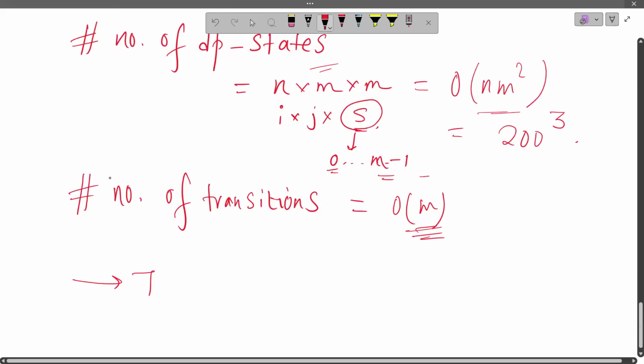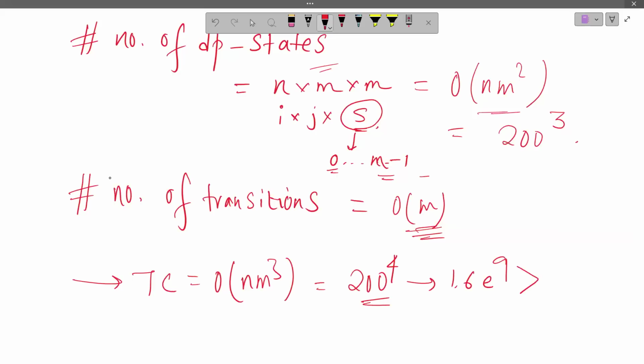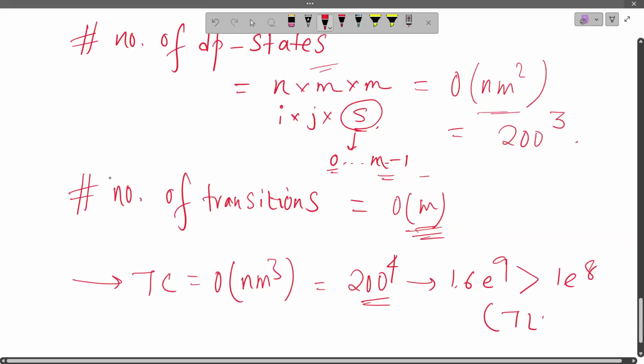In that case, the time complexity would be order n m cubed. But that would be very huge, right? Because that will be 200 to the power 4, which would be simply 1.6 E9. That would be much, much greater than 1E8, and this is bound to get TLE.